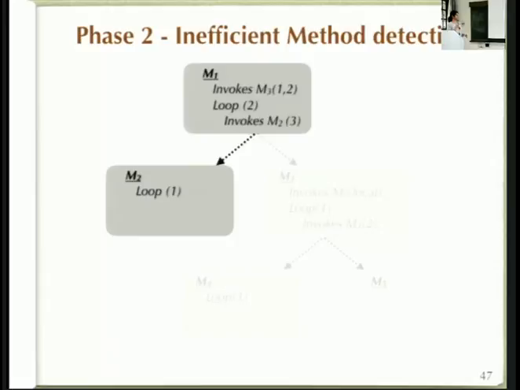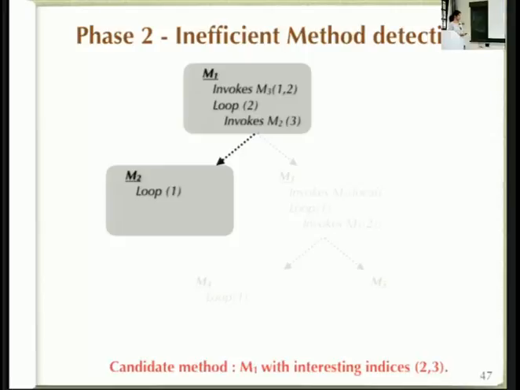Okay, next. So what about M1? Okay, so what are the arguments to be passed to M1? Correct. So what is it? It is 2 and 3, right? Is there any other possibility?